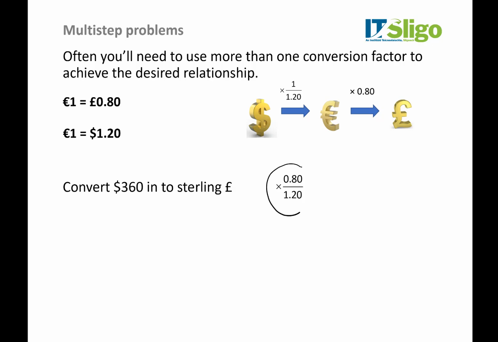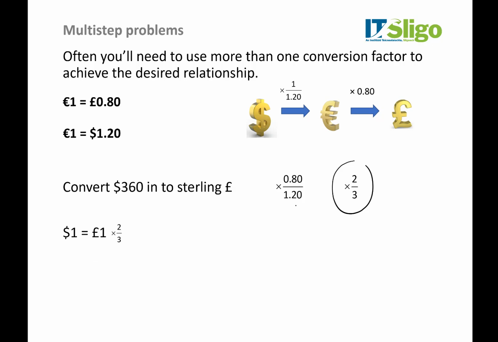So that's the conversion factor for dollars into sterling. We do a little bit of maths on it, multiply top and bottom by 100 to move the decimal point, we'll have 80 over 120, cancel top and bottom, and that comes to 2/3. So that, guys, is the conversion factor to change dollars into sterling.